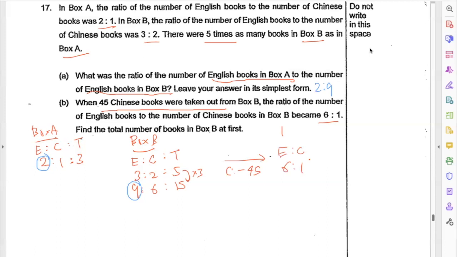So to compare the 2 ratios, the English books didn't change. Only 45 Chinese books were taken out from box B. So let's make the English books value the same.